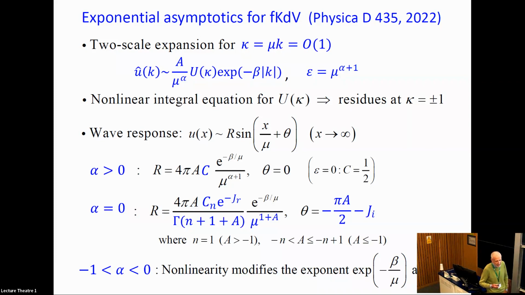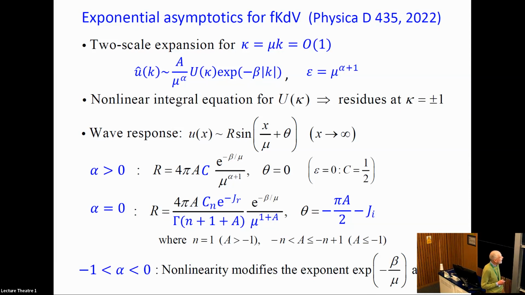This requires some analysis, which I'm not going to show you. This ultimately leads to a nonlinear integral equation for u of kappa, and the residues at kappa plus or minus 1, you have to solve this nonlinear integral equation. So it's a fully nonlinear problem, even though the waves are exponentially small.